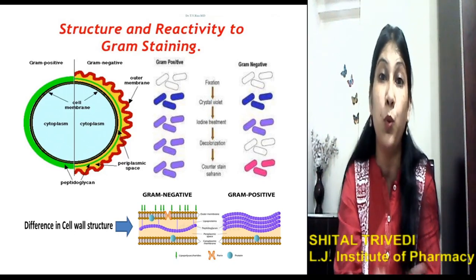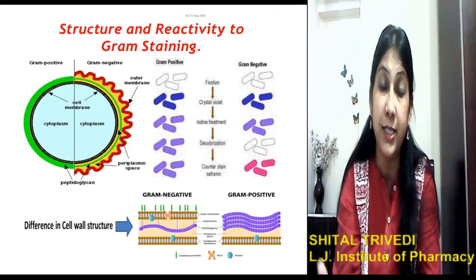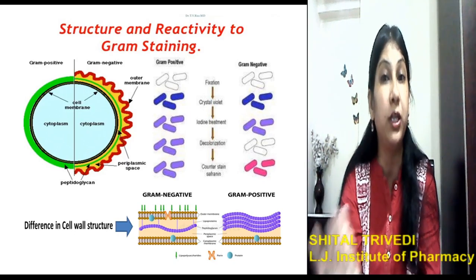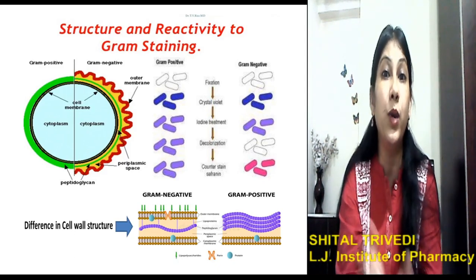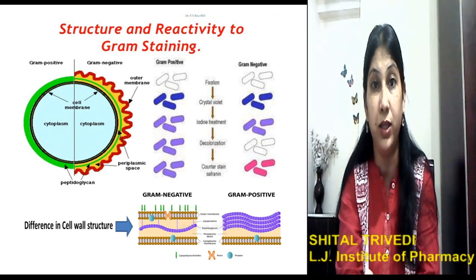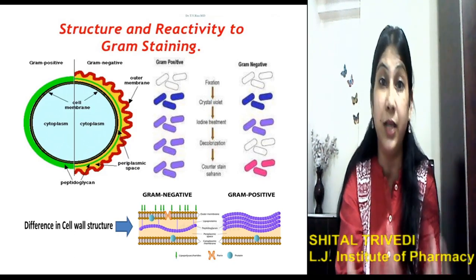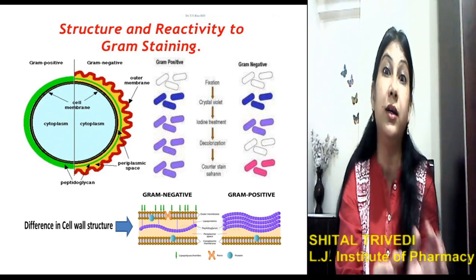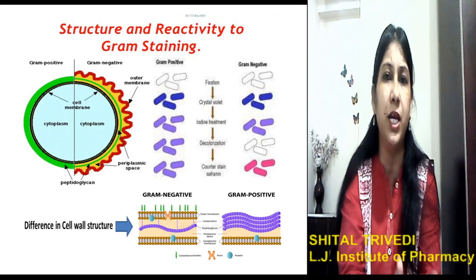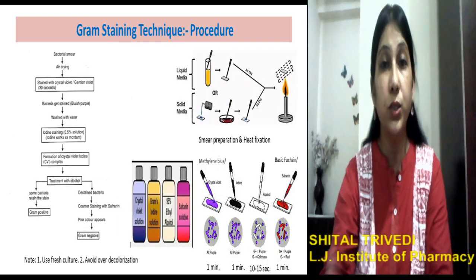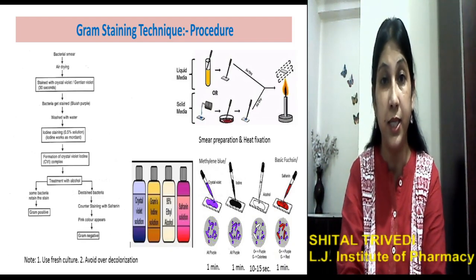In the next step, when we treat with the counter stain, that is safranin, the colorless gram negative bacteria pick up the counter stain and appear pink or red in color, whereas gram positive bacteria, already stained with crystal violet, cannot take up the counter stain and remain blue, purple or violet in color. That is how the gram staining technique differentiates organisms into these two categories.